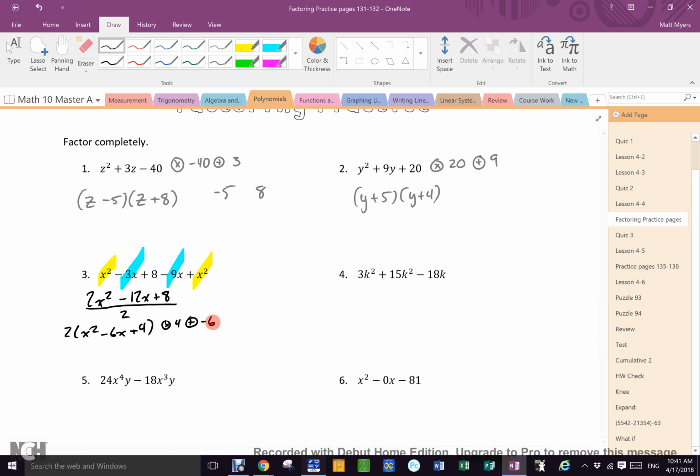Does that make 6? 2 and 2? So is it done? Yes. Even though this looks really suspicious, doesn't it? We should be able to factor that, but we cannot. Everybody good? Okay, what's weird about 4?